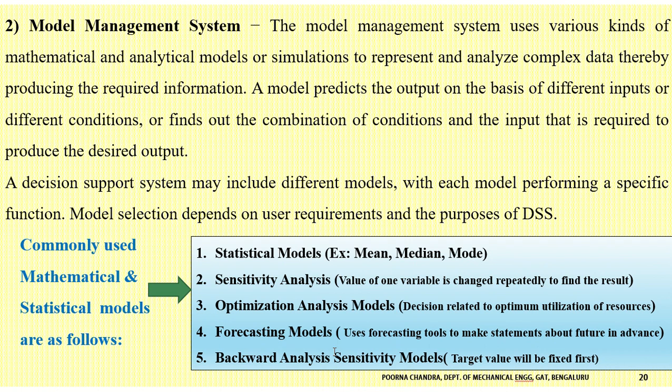In place of changing the values of variables repeatedly, here the target value is first fixed, and then, to achieve that target value, the other variables are continuously changed to finally get the target value. This is known as backward analysis, by which the target can be fixed. To achieve that target, the different inputs can be varied.